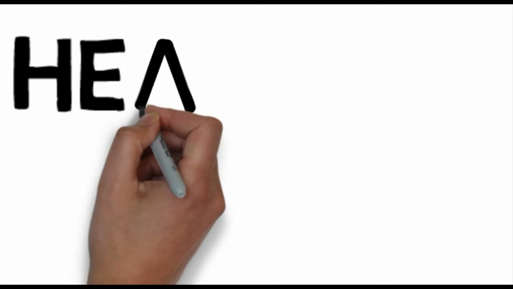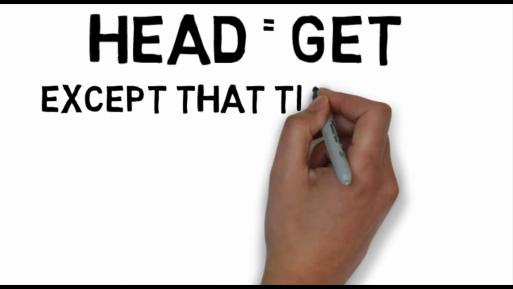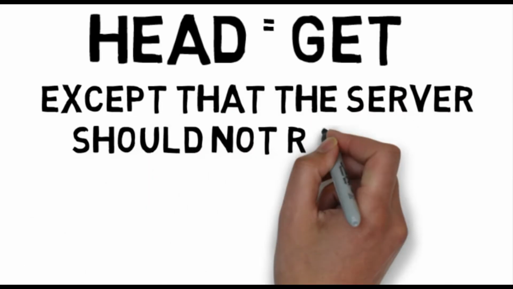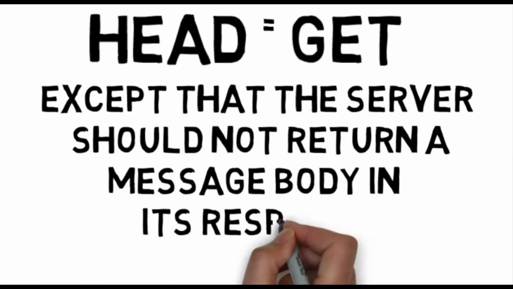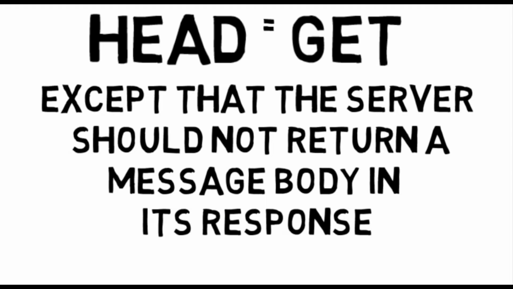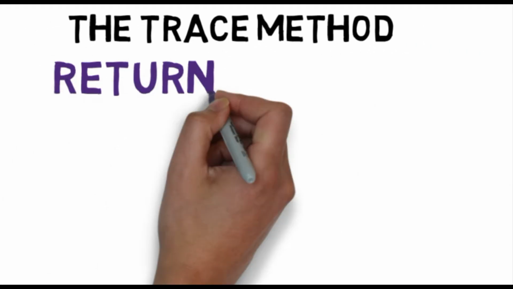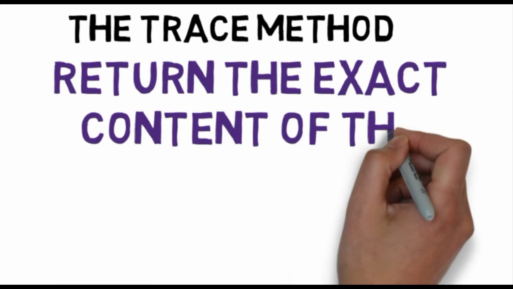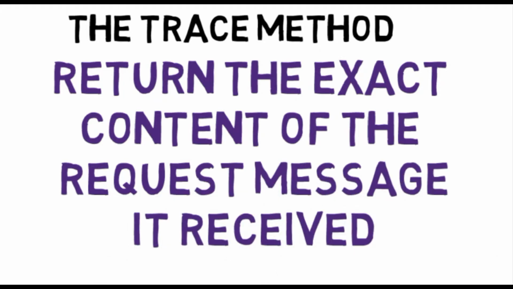So HEAD functions in the same way as the GET request, except that the server should not return a message body. This method can be used to check whether a resource is present before making a GET request for it. And the TRACE method is designed for diagnostic purposes. The server should return in the response body the exact content of the request message it received.